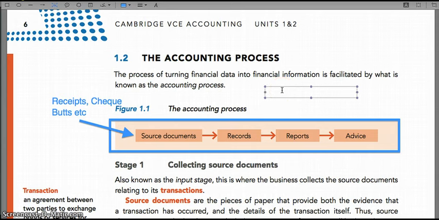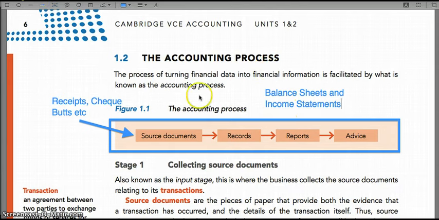Here we're talking about balance sheets and income statements, when we're talking about creating reports. And here, this is the end goal, this right here: being able to provide advice so that business owners can make informed decisions.